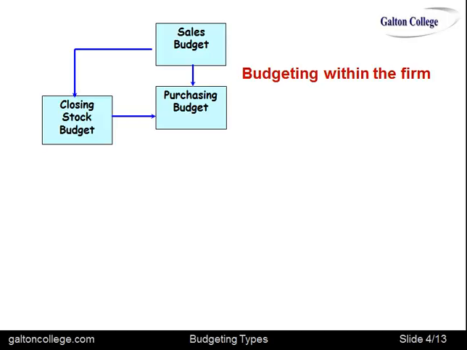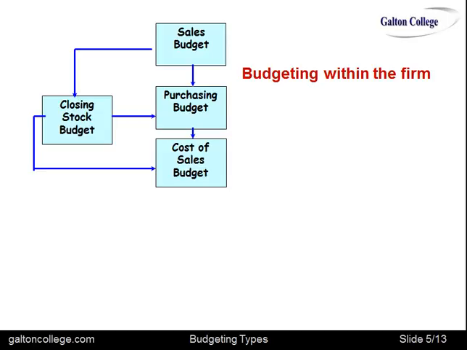We have the sales budget that the business puts up in order to indicate what its sales should be over the period. The purchasing budget, which is what it's aiming to buy, and linked between the two of those, of course, is the stock and changes to the stock.